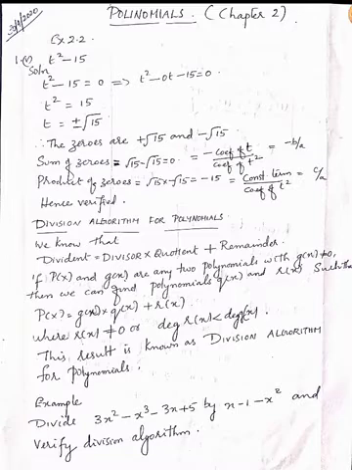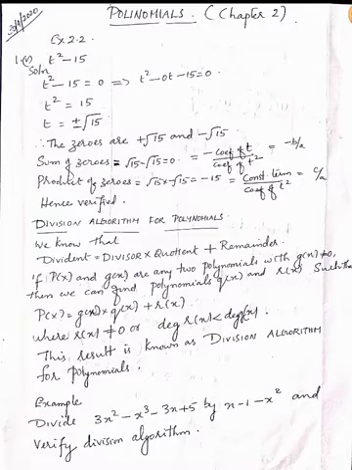Let us come to the new topic, division algorithm for polynomials. So first let us discuss that in smaller classes itself you studied dividend equal to divisor into quotient plus remainder. Here in algebra also the same process we are applying.